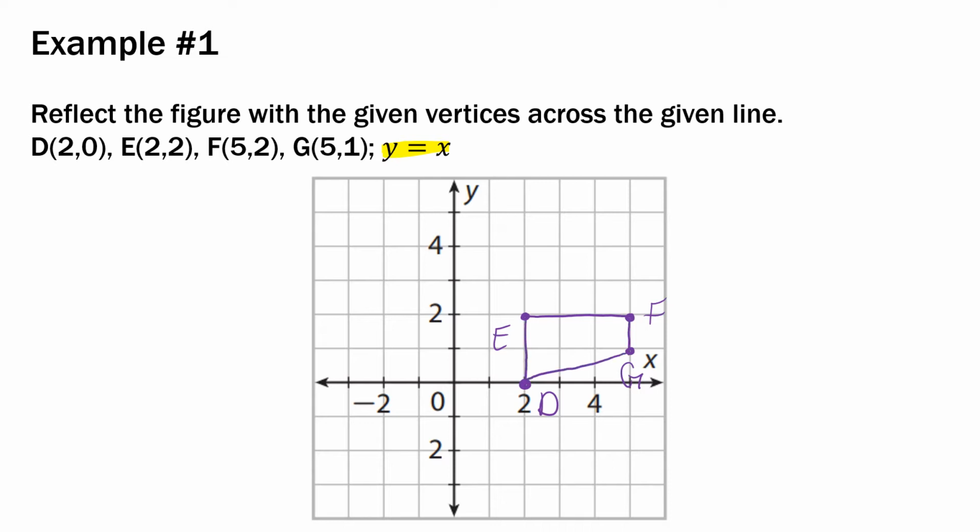So here's my image, and I am reflecting it across this line. That's the line y equals x.